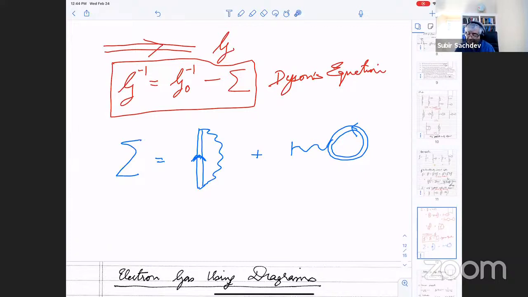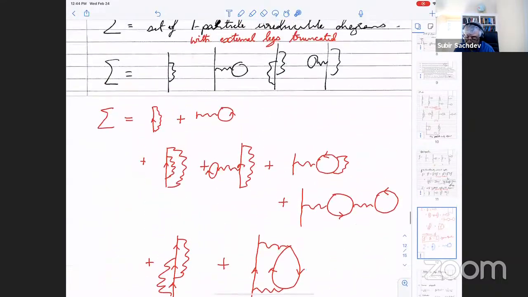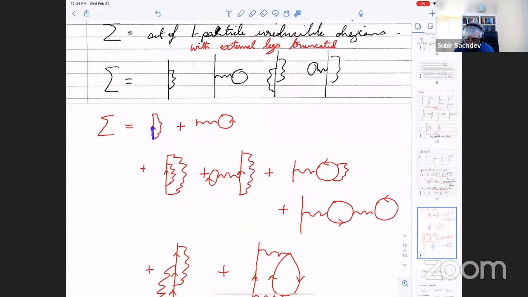Okay, now what's that going to buy me? Well, if I take these two terms, so I make the internal Green's function not the bare line but a full line, then at first order in V, when I look at the correction on the internal line, I'll precisely get this graph and this graph, because the correction at first order in V on the internal line is another wavy line, another tadpole.